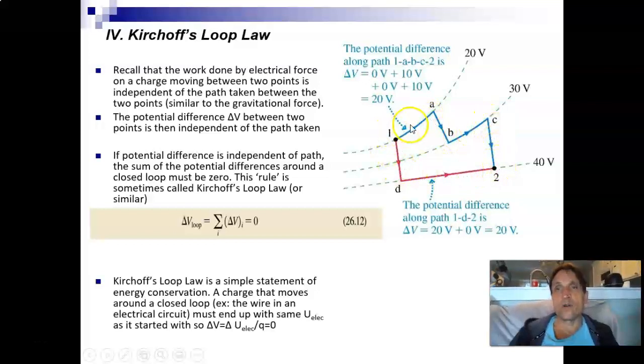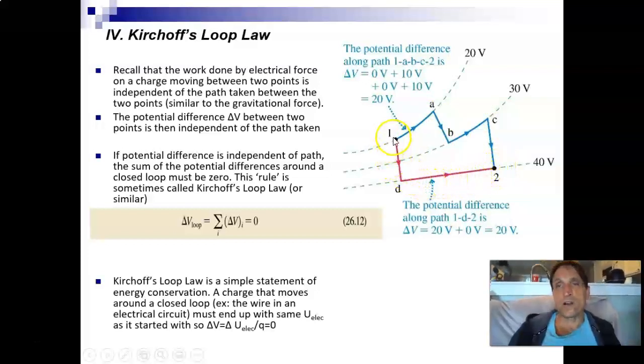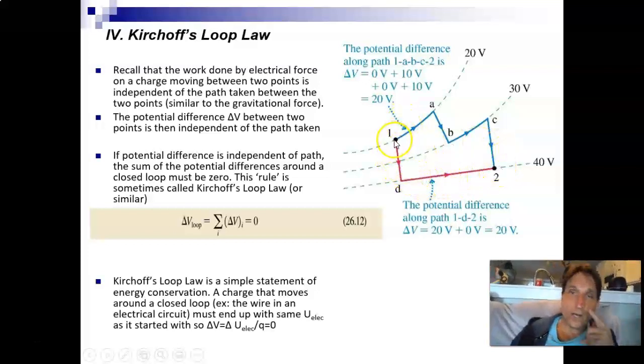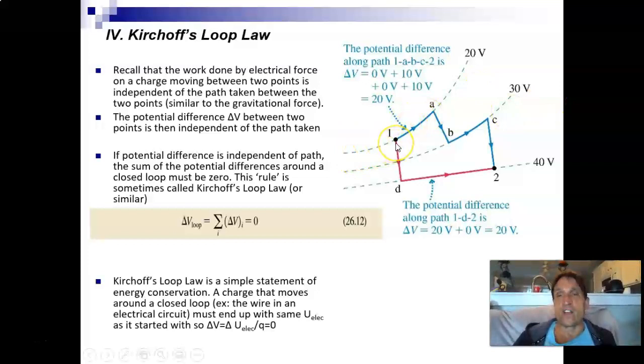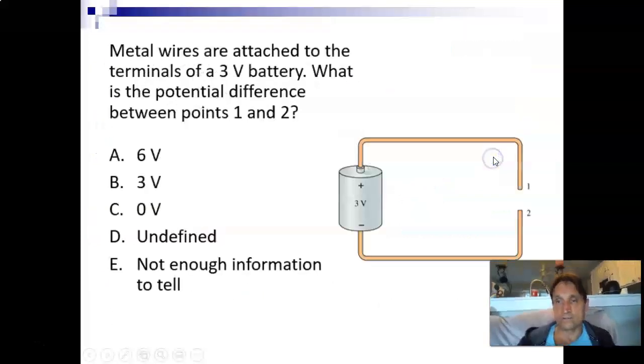It's going to gain 20 volts of potential in going from 1 to 2, and then on the way back it's going to lose 20 volts going from 40 back down to 20, and when it goes back to where it started, it's back at the same potential. So the change in the potential of a charge going around a closed loop is 0.